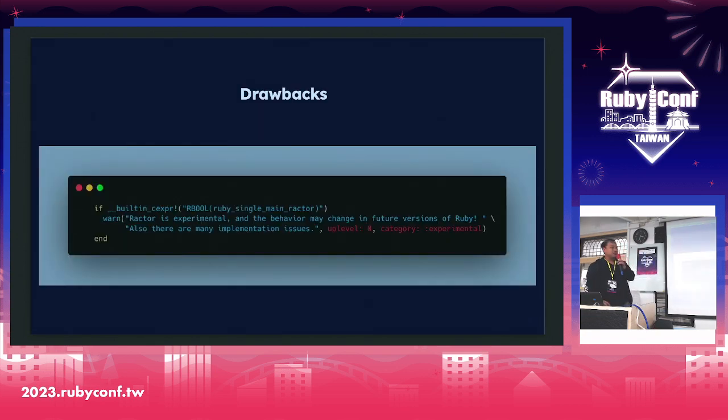There are a few drawbacks that prevent it from being widely used for now. One major thing is the warning. This is one thing you see whenever you use Ractor: it's still experimental. A lot of change can still happen in the implementation, and there are still a few implementation issues. We have encountered quite a few that we will cover a bit later.